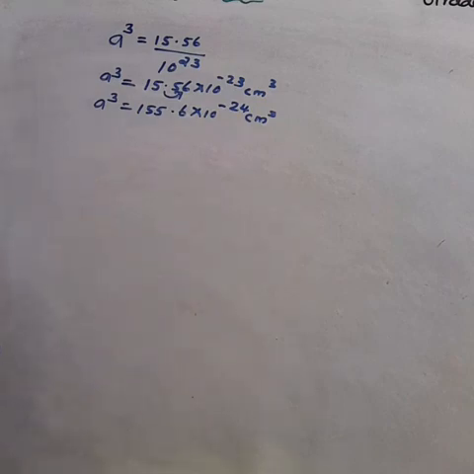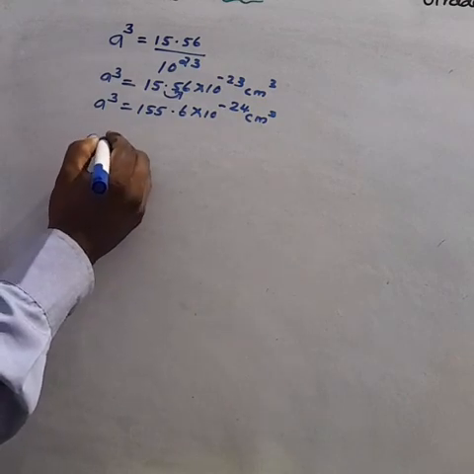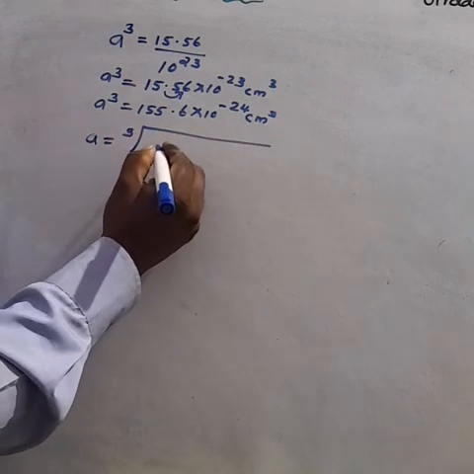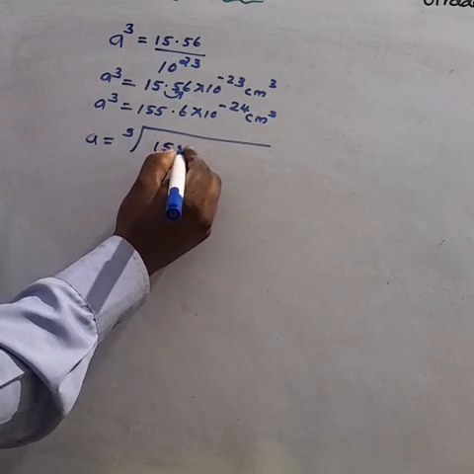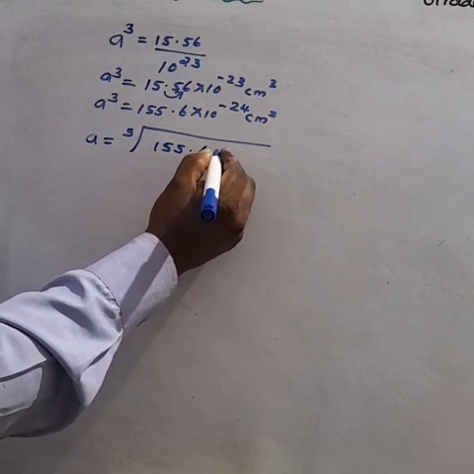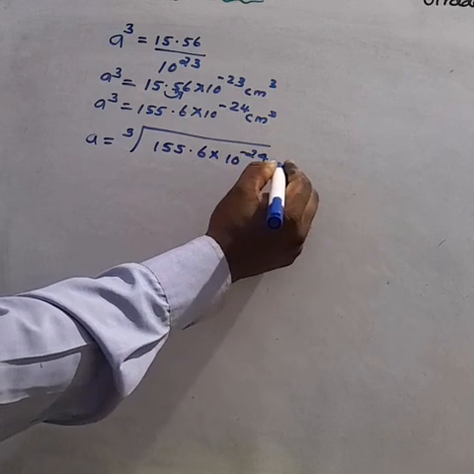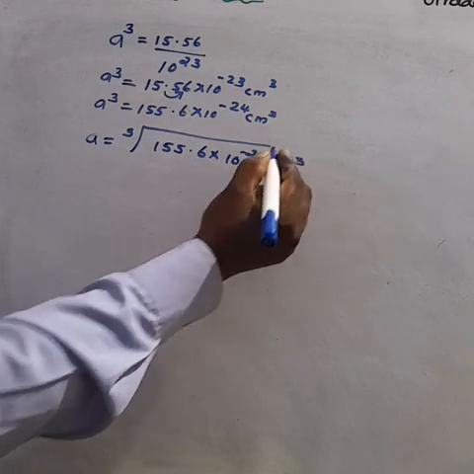We have to write the A. A is equal to cube root of 155.6 into 10 raised to minus 24 centimeter cube.